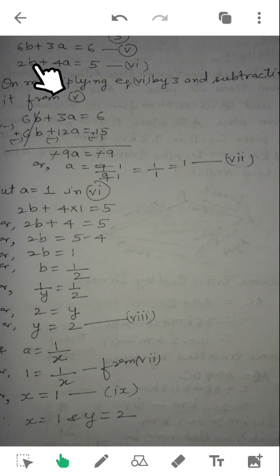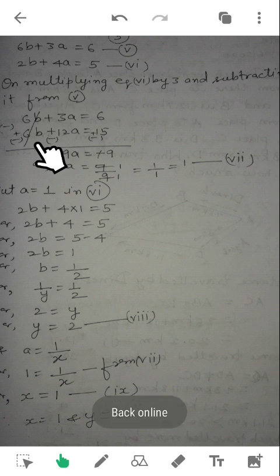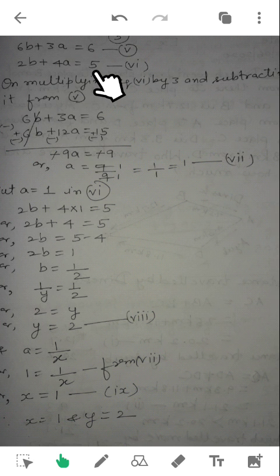The fifth equation is written like this only: 6b plus 3a is equal to 6. On multiplying the sixth equation by 3, it becomes 6b, and then this 4 gets multiplied by 3, it becomes 12a, and this 5 gets multiplied by 3, it becomes 15, and we are subtracting it from the fifth.